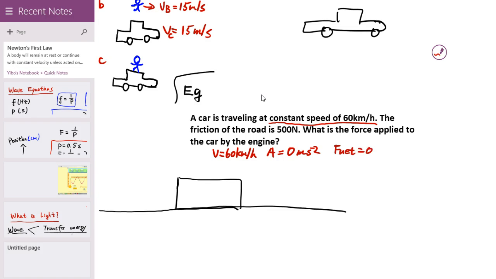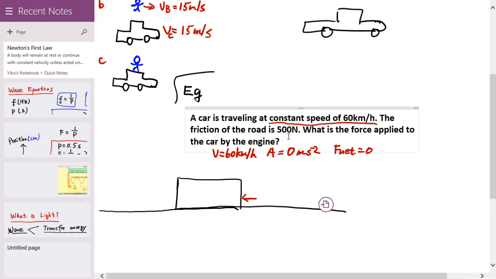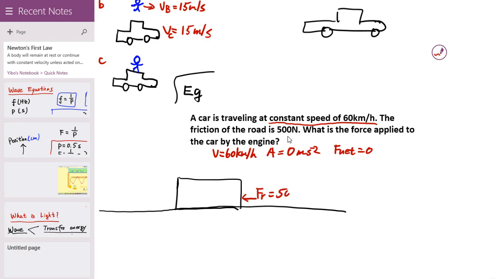However, the friction of the road is 500 newtons. So the road pushes the car in the opposite direction, because friction always acts in the opposite direction, which is 500 newtons. What is the force applied to the car by the engine?